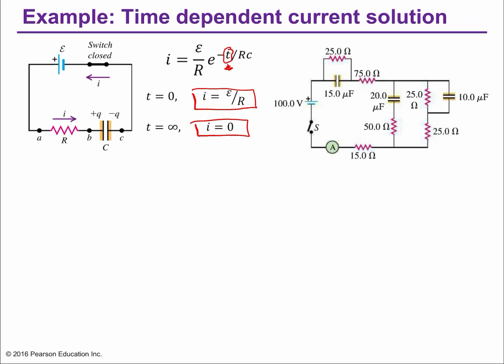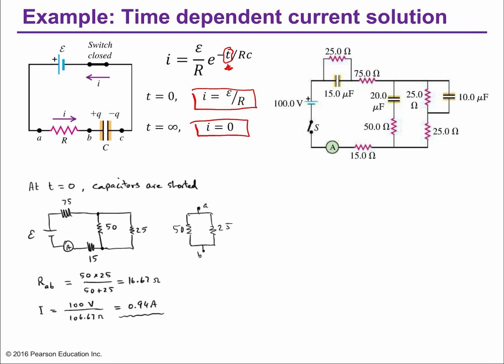So from that conclusion, I can go and redraw the complicated circuit, with the consideration of all the three capacitors being shorted for part A and being open circuit for part B. And that's what it looks like.